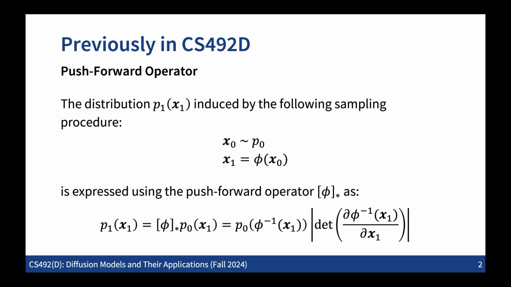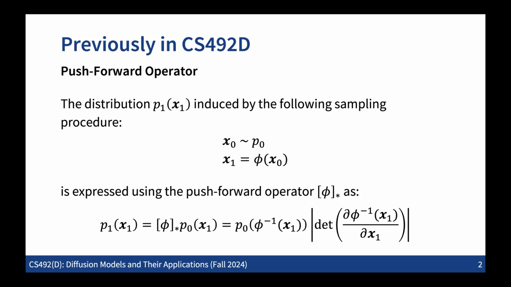We introduced the term push-forward operation, which means that we are pushing the P0 distribution into the P1 distribution by the given mapping function pi. This mapping can be expressed with this formulation. So this was the basic idea of the push-forward operator.